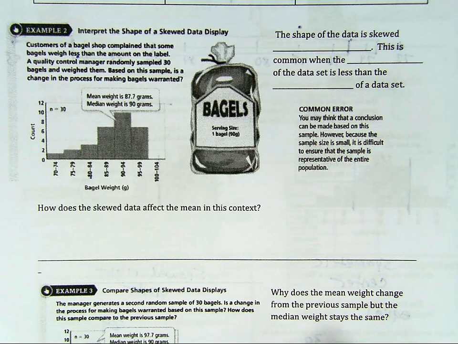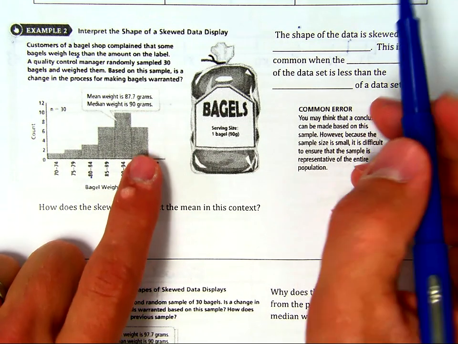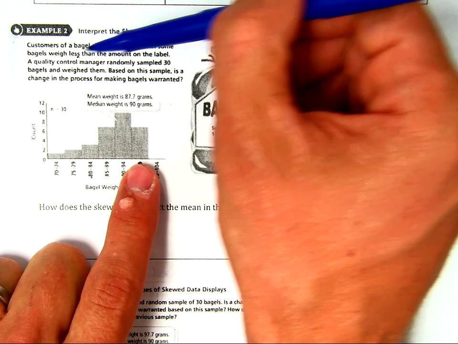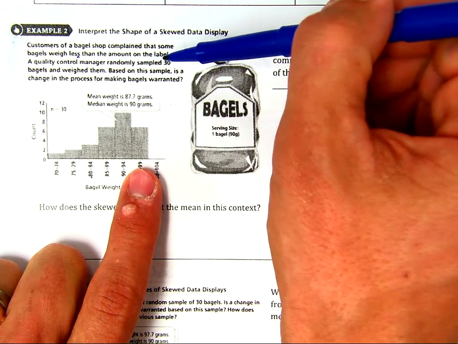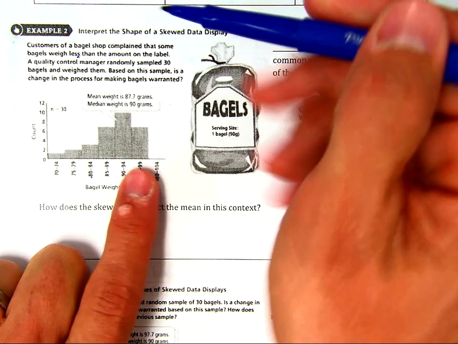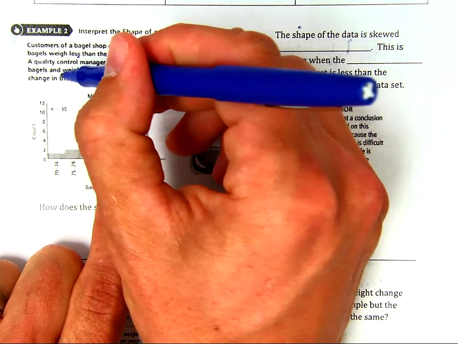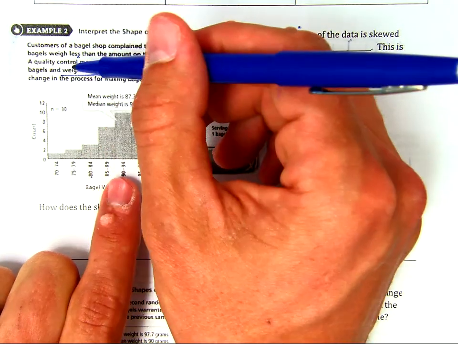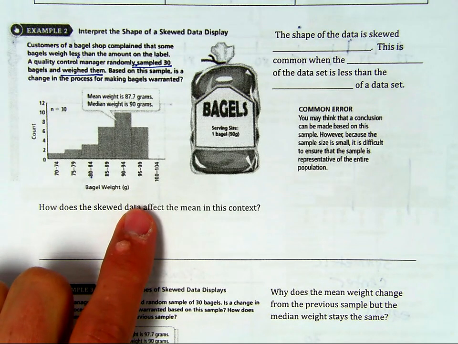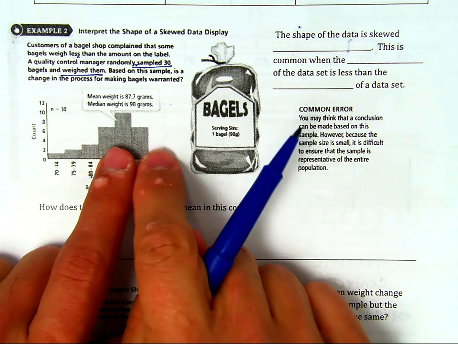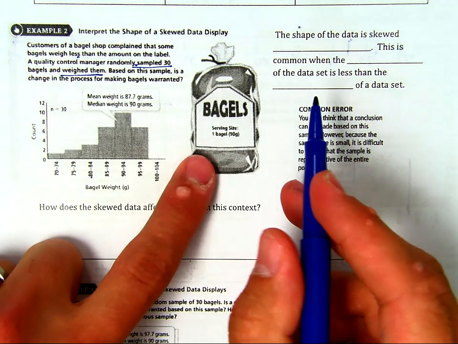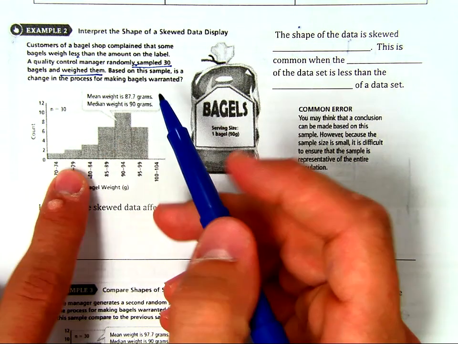Example 2 says, customers at a bagel shop complain that some of the bagels weighed less than the amount on the label. A quality control manager randomly sampled 30 bagels and weighed them. Based on this sample, is a change in the process of making bagels warranted? Basically, we want to see if most of them weigh what they should. If we look here, notice the shape of the graph.